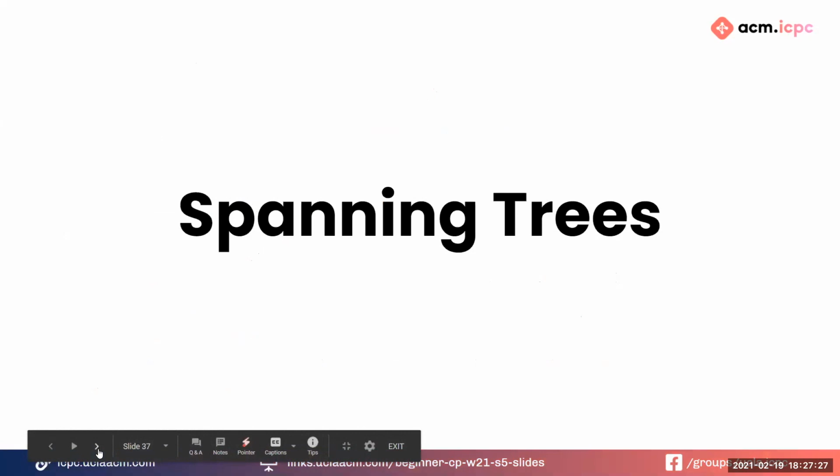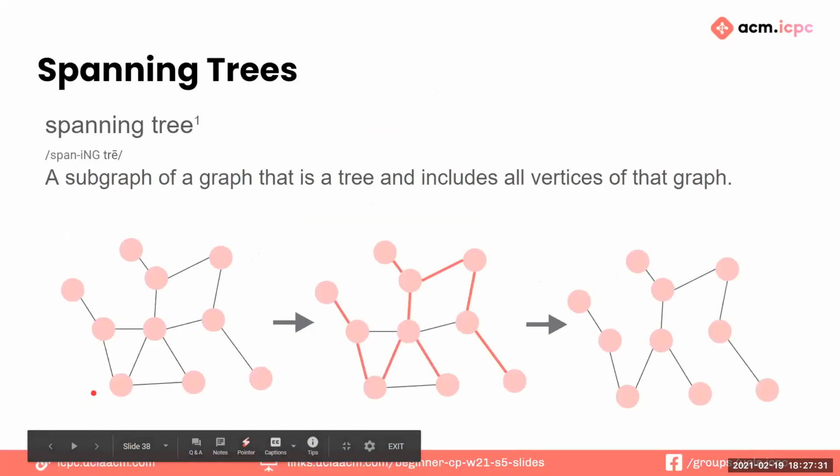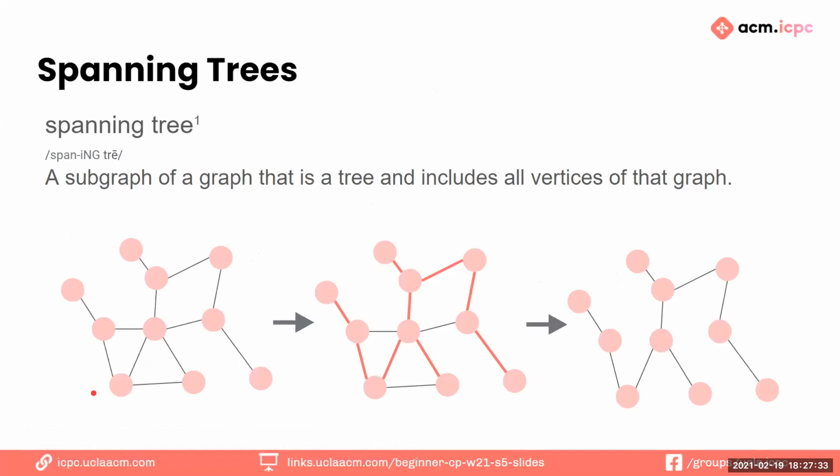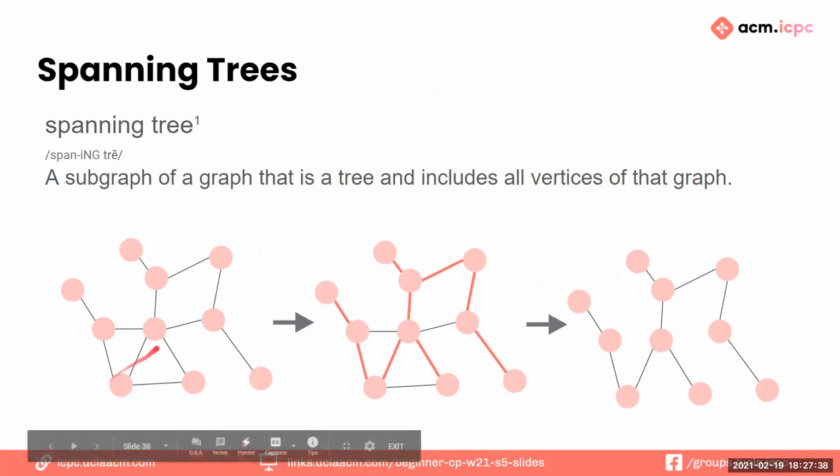And let's talk a little bit about spanning trees. A spanning tree is a subgraph of a graph that is a tree and includes all vertices of this graph. And I have a little visual example right here. This is just a regular old graph. It's not a tree or anything.